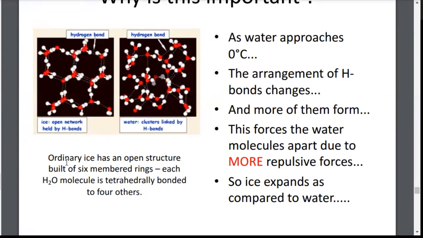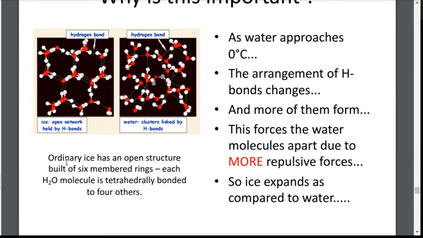As the temperature gets towards freezing, 0 degrees, the arrangement of hydrogen bonds changes, and more of them begin to form. This forces the water molecules apart because of more repulsive forces. It's those lone pairs again, which are pushing the water molecules around them further away.